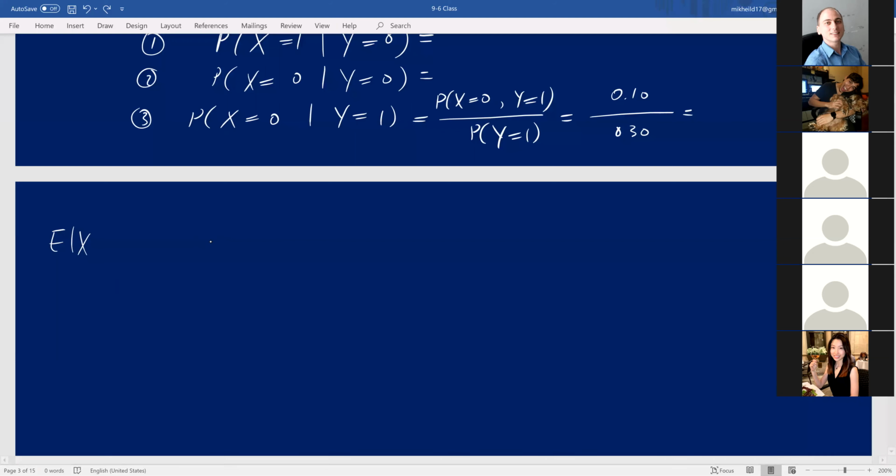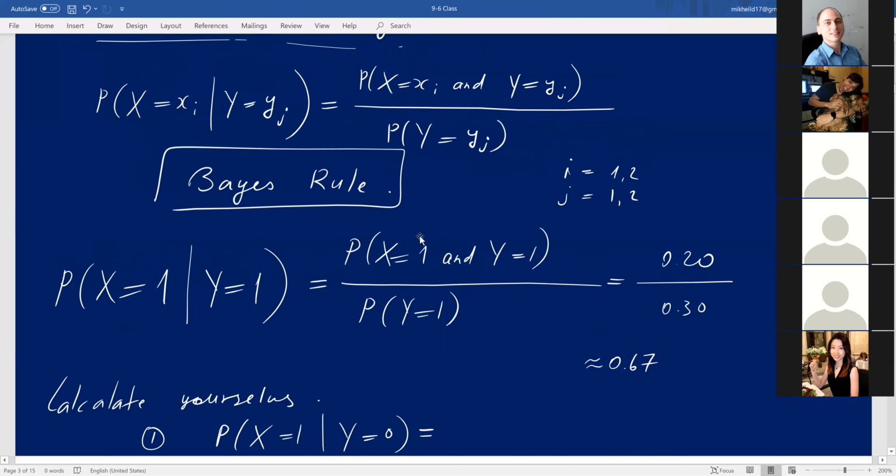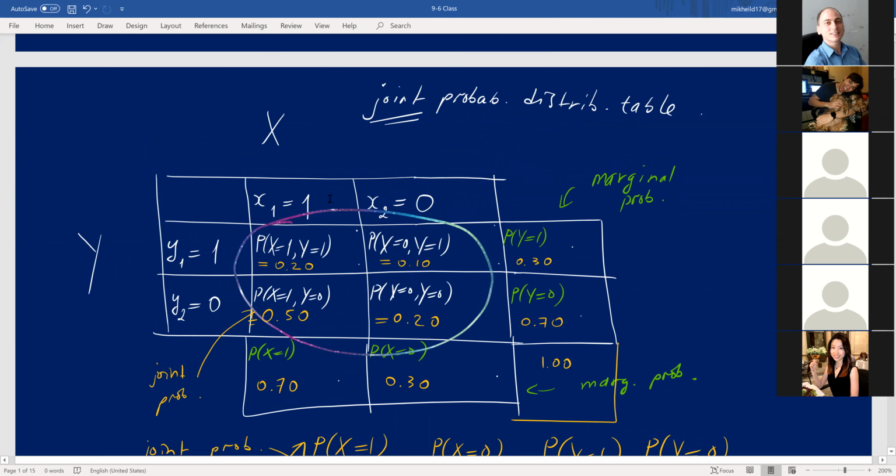So can you guys help me calculate the expectation of x? This will be x1 times the probability that x equals x1 plus x2 times the probability that x equals x2. This is just the formula that we had before, if you remember. What is the first possible outcome of x? According to this, it is 1.